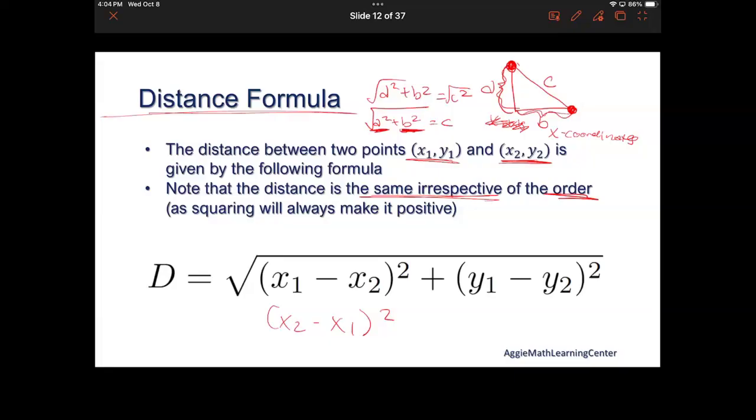We add those together, squared, and the square root is equal to the distance between the actual two points. That's why we have the distance formula. It's from the Pythagorean theorem. Any questions on the distance formula?